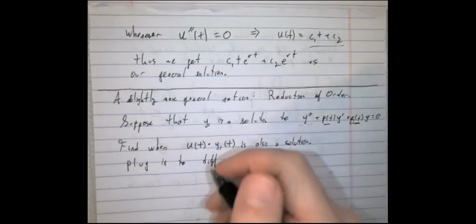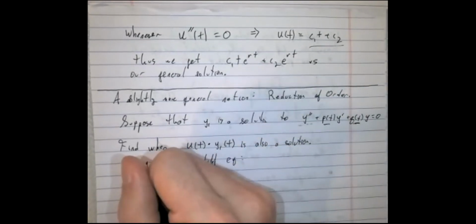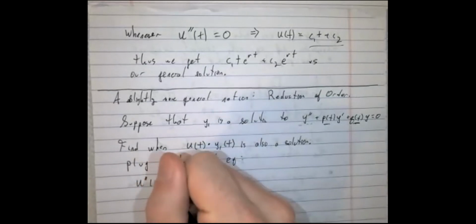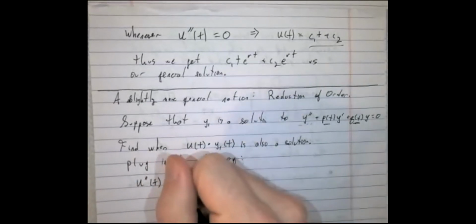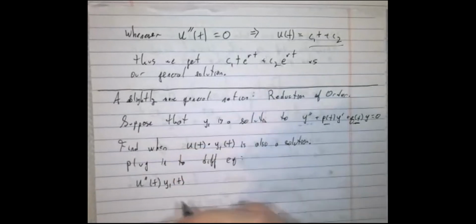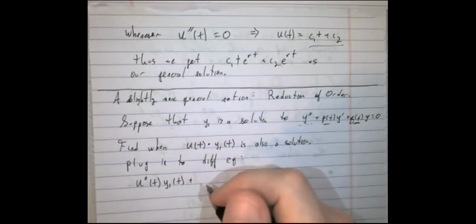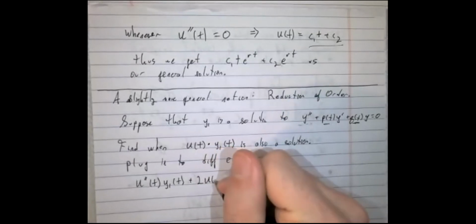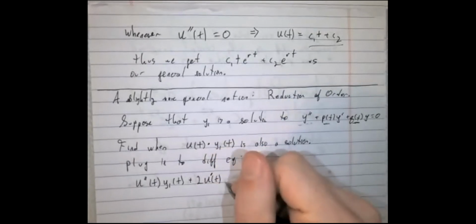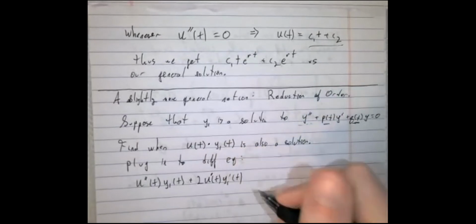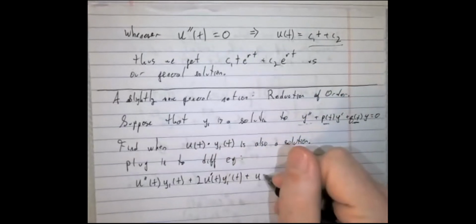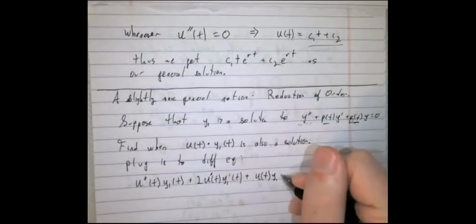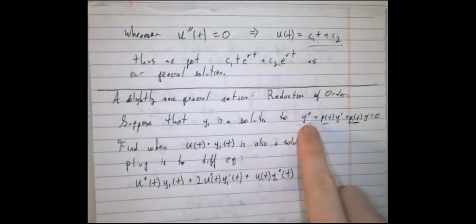Well, the second derivative of this function is going to look like u double prime of t times y1 of t, plus 2 u prime of t y1 prime of t, plus u of t y1 double prime of t. That should be this thing.